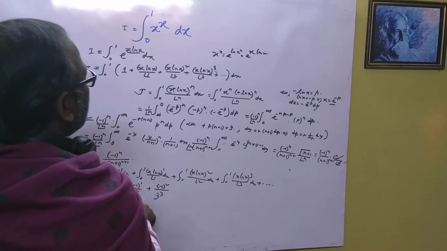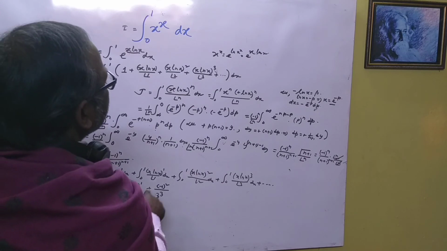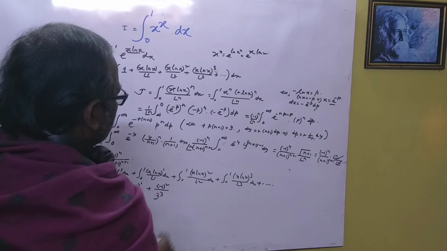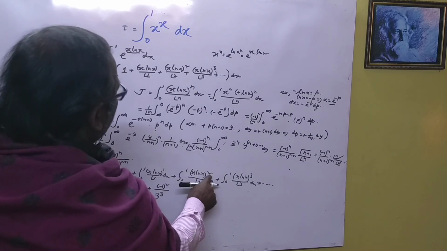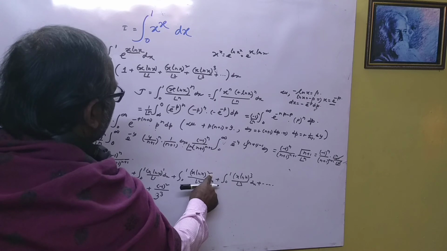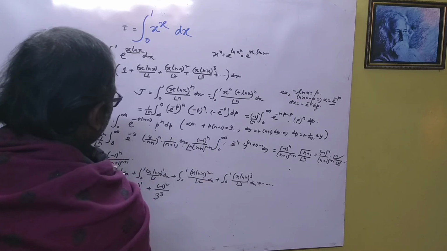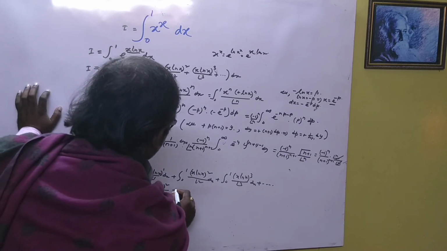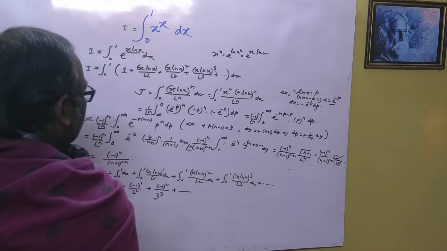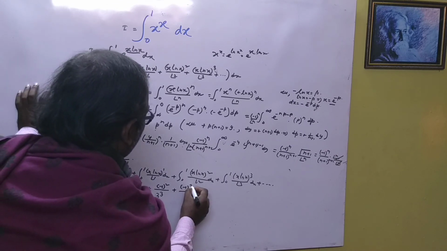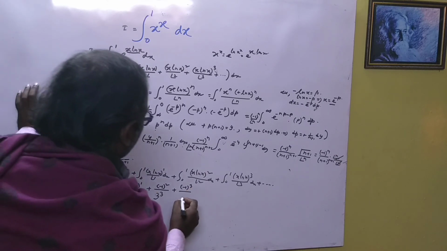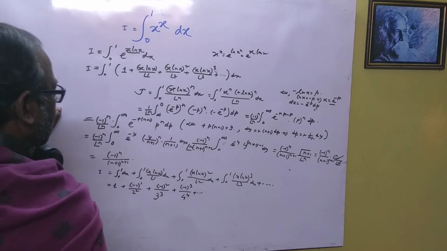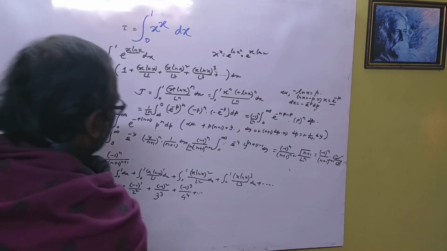And for n equal to 2, 2 plus 1 is 3. And now for the cube, this is minus 1 whole cube, and this is 3 plus 1, 4, this is 4 to the power 4 here. And this is the answer of the required integral.